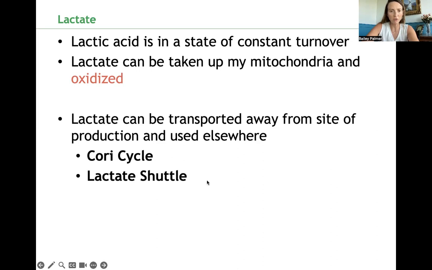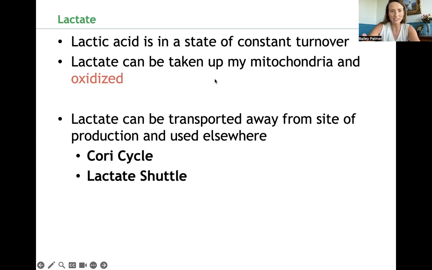All right, so we want to understand 2 different ways in which lactate is transported away from the site of production. One thing I want to make clear is the most common way that lactate is used is taken up by the mitochondria, which is the second statement right here.